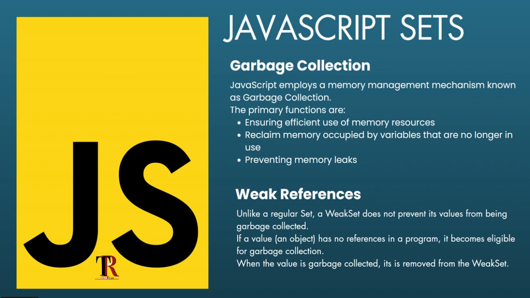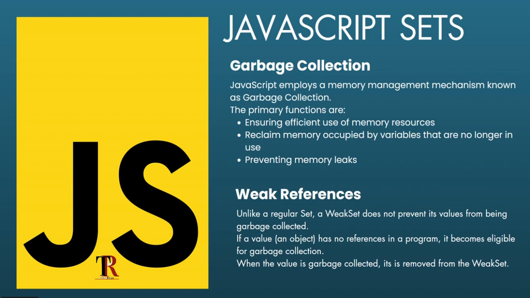This is the mechanism JavaScript employs to prevent memory overload when running programs. So the values of a WeakSet can be garbage collected, which means multiple objects can be garbage collected. If a value, an object, has no reference in a program, it becomes eligible for garbage collection.